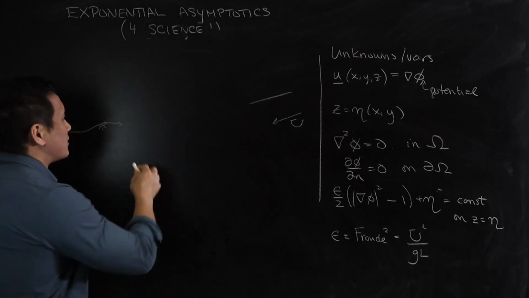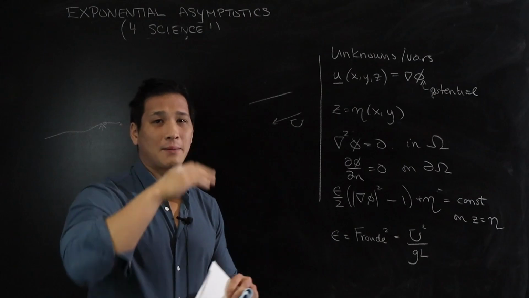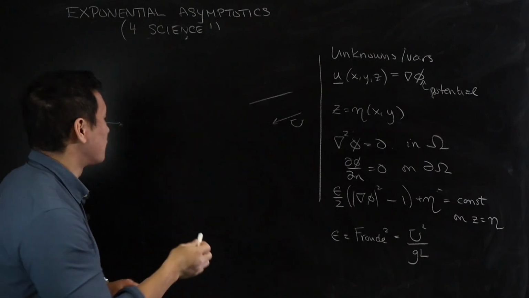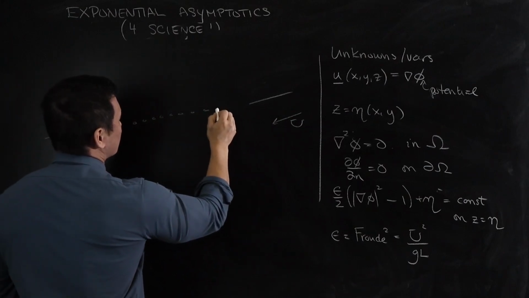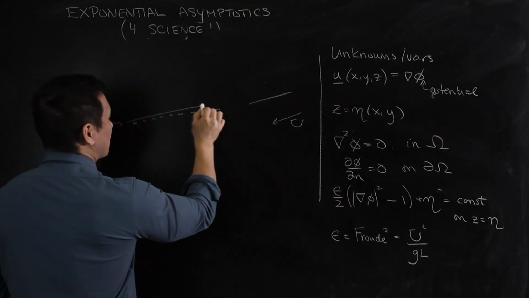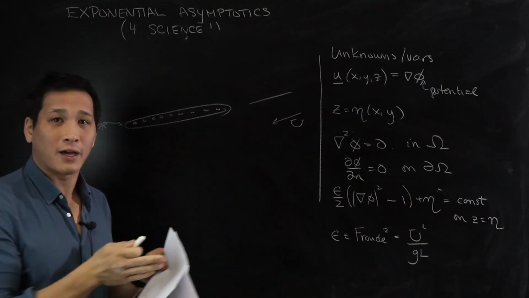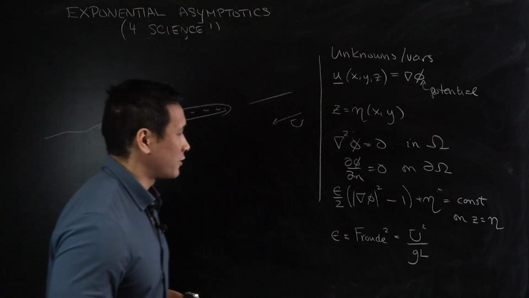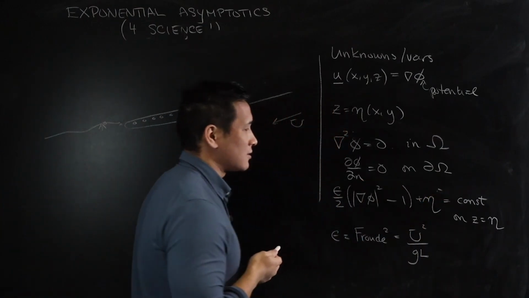So what you assume is that instead of your ship having some kind of finite extent or finite depth, you assume that you're trying to study the case where the ship is really thin and is moving through the water. So, think of your ship as being approximated by a series of point sources, like a knife edge traveling through water. Okay? And so that might hopefully simplify some of these conditions to impose.